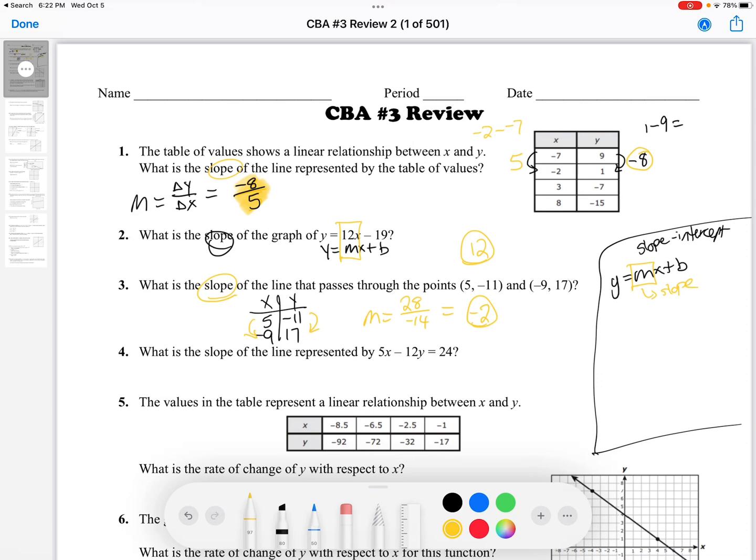Number 4 says, what is the slope of the line represented by 5x minus 12y equals 24? Don't forget that we talked about slope intercept form, but there's also standard form. With standard form, we have ax plus by equals c. In order to find the slope, we have to use the formula -a over b.